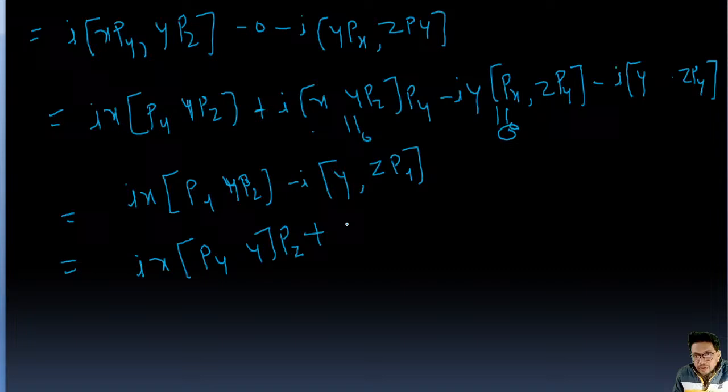Okay, so this is going to be Y PY PZ. Okay, PY PZ is going to be 0, right.